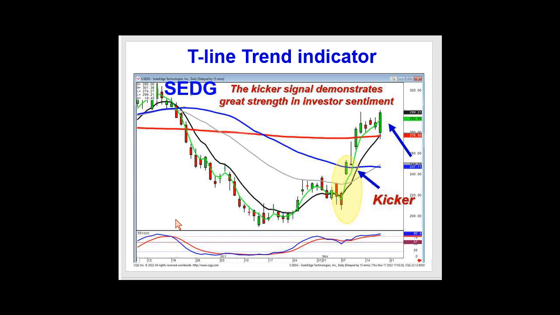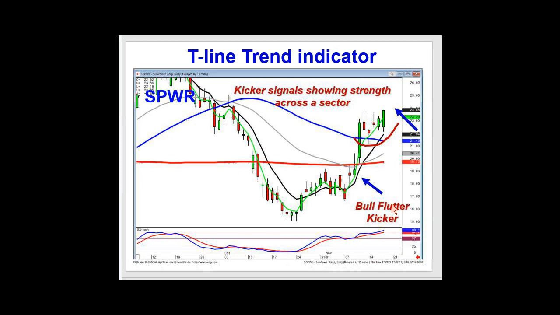That this uptrend is still in progress. So if that stock is trading positive, what assumptions can we make? We want to see if other stocks in that sector are acting strong. So we recommended SPWR yesterday because you could see the J-hook pattern setting up. And again, that came off that bullish flutter kicker signal that kept you up above the T-line.